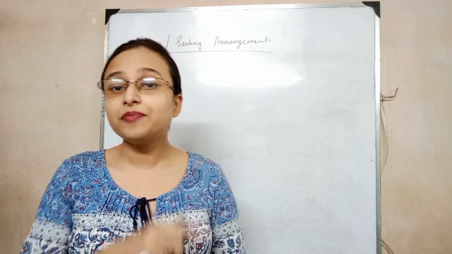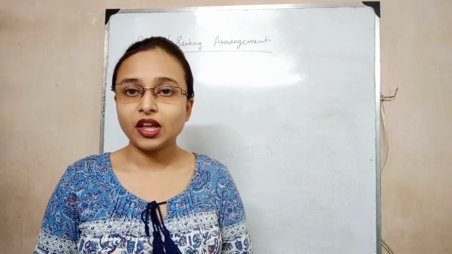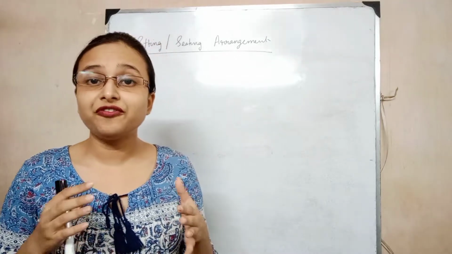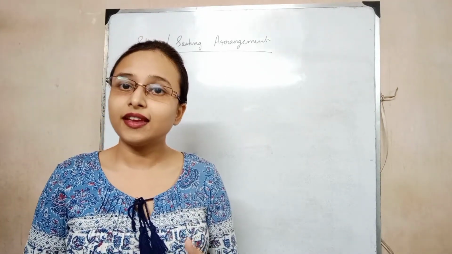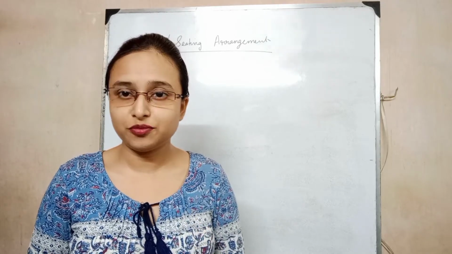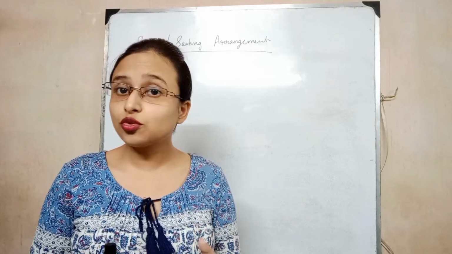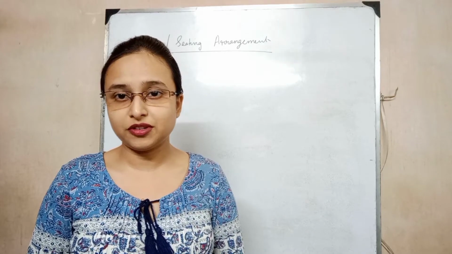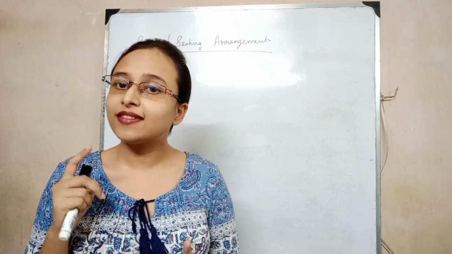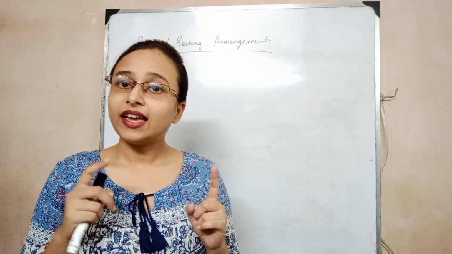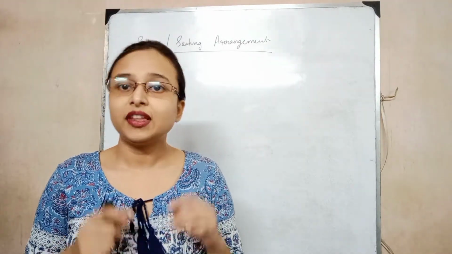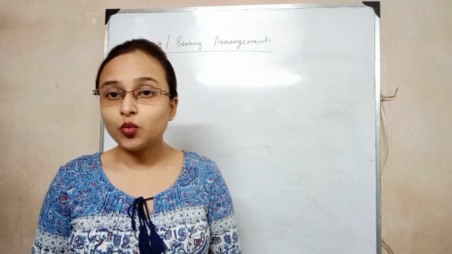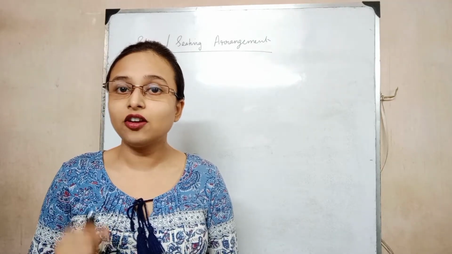Coming to topic 3, circular arrangement. The arrangement of physical quantities in a circular manner is called a circular arrangement. Now there are two types of circular arrangement. Firstly, facing the center. In this arrangement, every object or person in the arrangement will be facing the center of the circle.